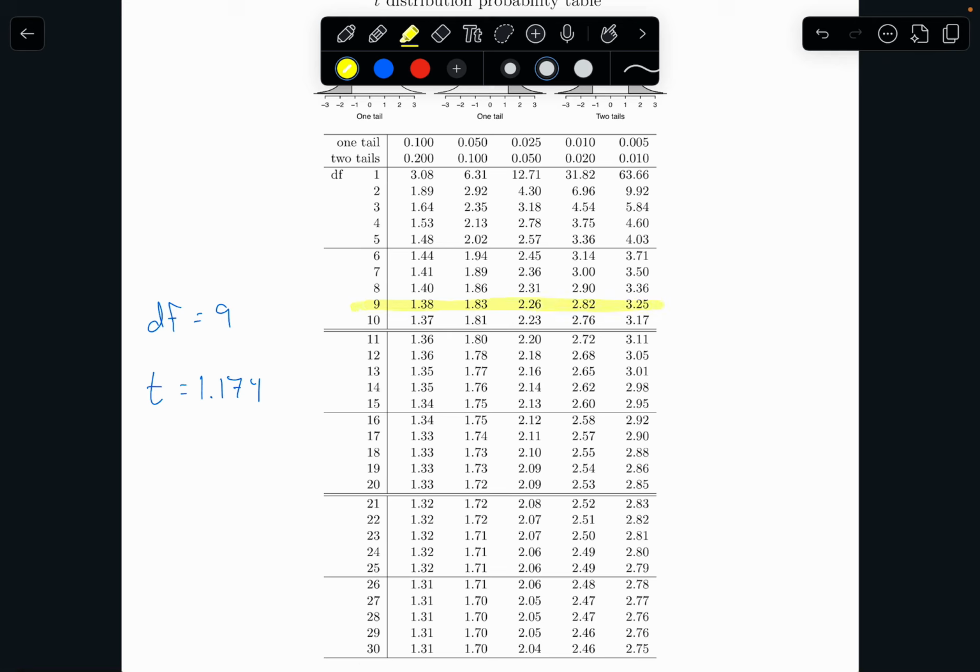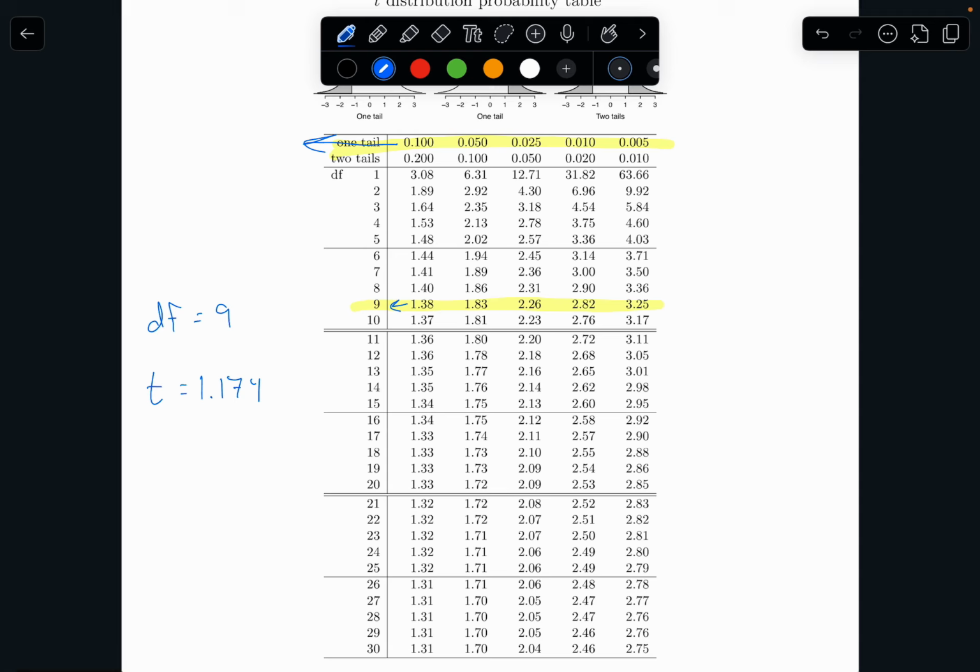And then we said we were doing a one-tailed test because it's specifically a right-tailed test. So if I look at my test statistic, 1.174, it's going to be less than all of these values that we have in this row, which means that it lives somewhere over here. My p-value is going to live somewhere on that left-hand side. So if I look at the area in one tail, the p-value is going to live somewhere over there.